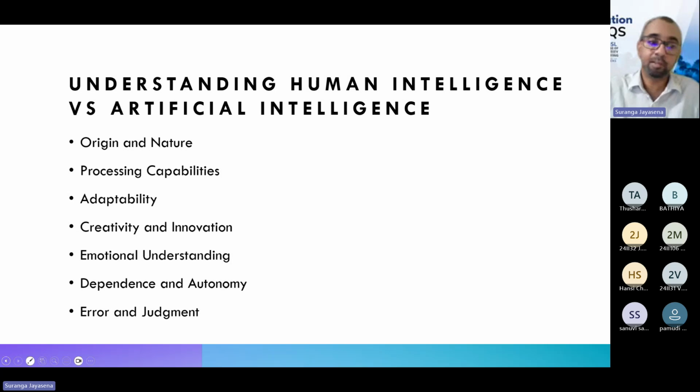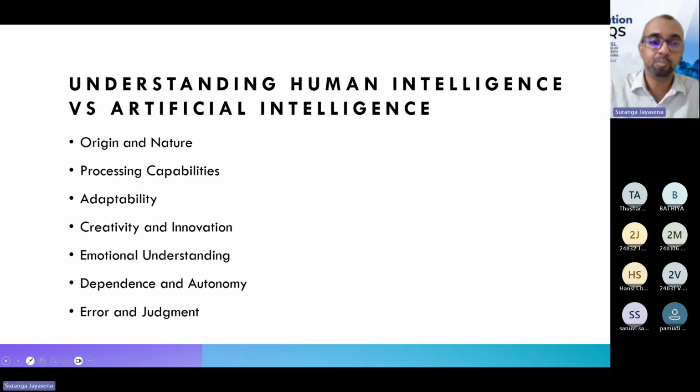Humans can also make errors, different types of errors, due to biases, emotions, or sometimes incomplete information. But humans are also capable of exercising judgment, learning from mistakes, and adjusting their decisions accordingly.